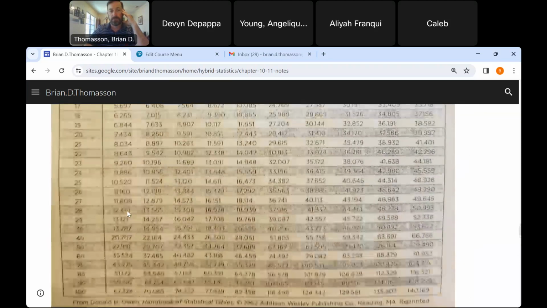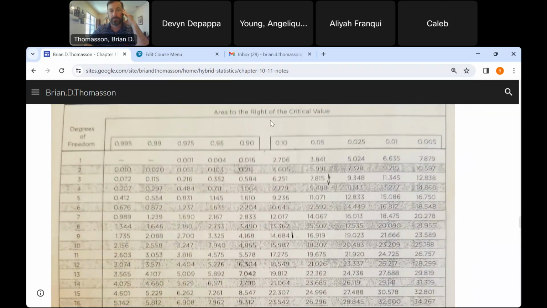Okay, so let me show you where that's coming from. We have our alpha 0.05 and our degrees of freedom of 5. We line up that row and column, and for us to say that die is acting unfair, we have to have a test stat of at least 11.071.